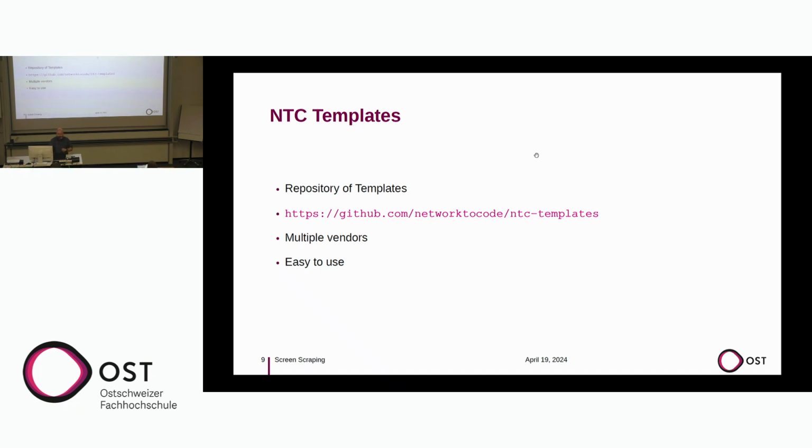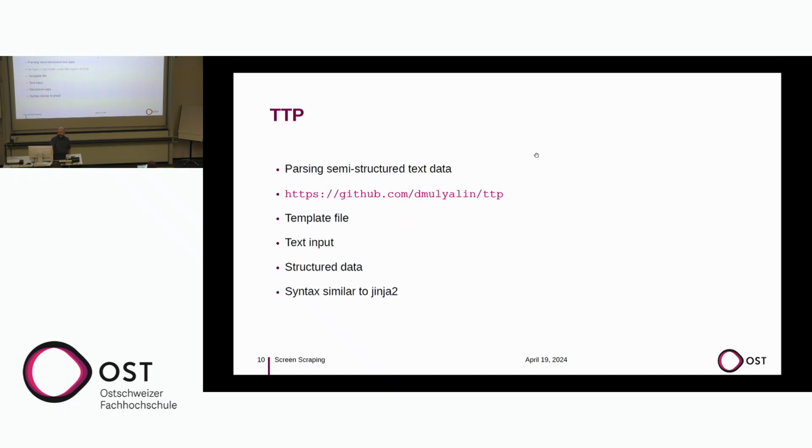It's probably also, from these three tools you see, the oldest one. TTP is quite new. Well, not so new anymore, but much newer than TextFSM. The idea was that writing TextFSM can sometimes be annoying, and for generating a text we have templates, right?